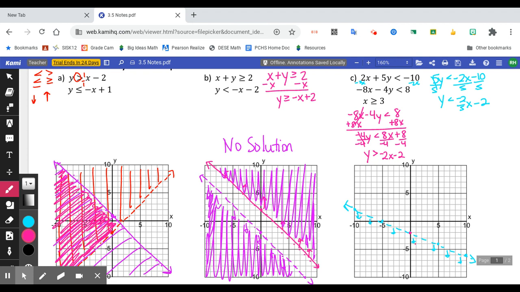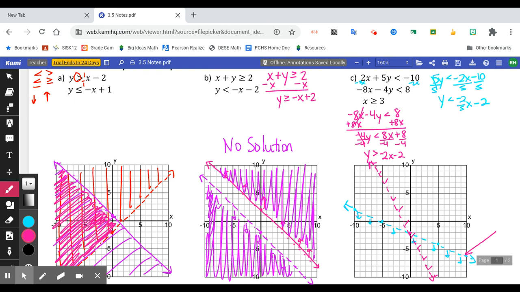Down 2, right 1, down 2, up 2. This guy is also going to be dashed. Greater than would mean it would be everything up this way.